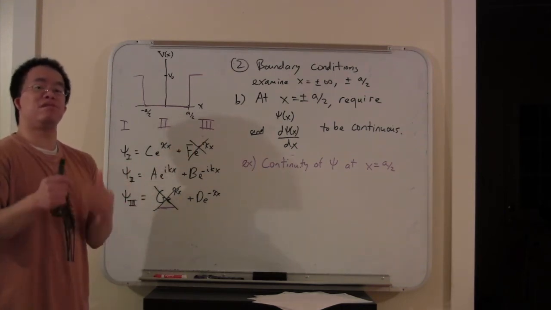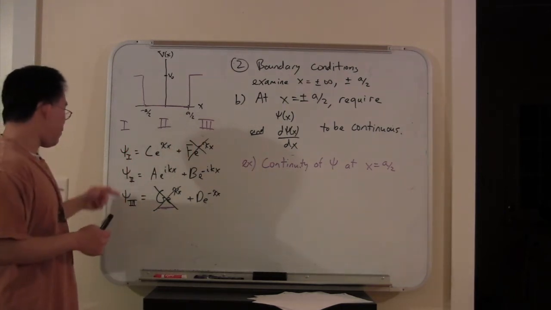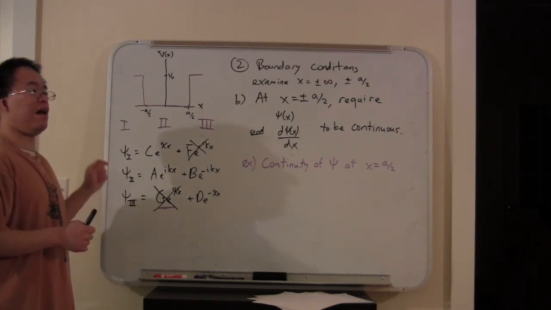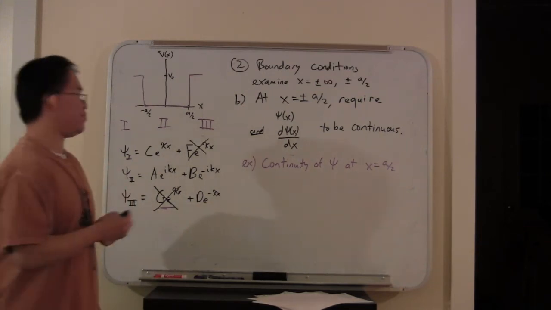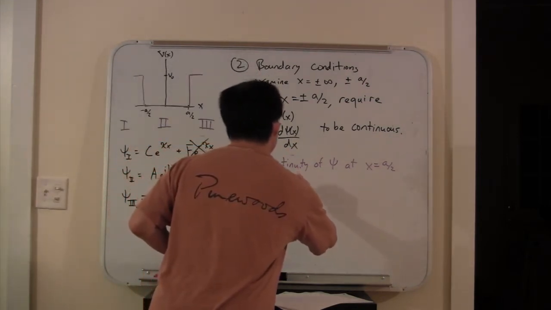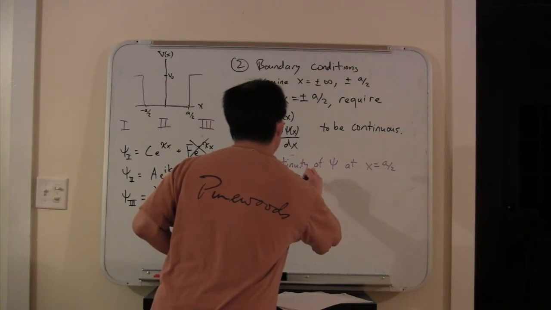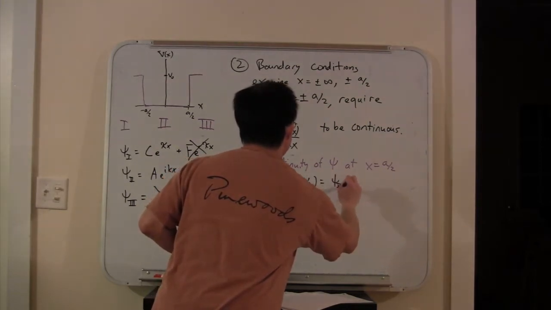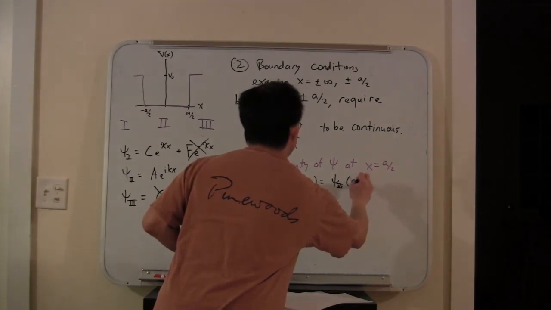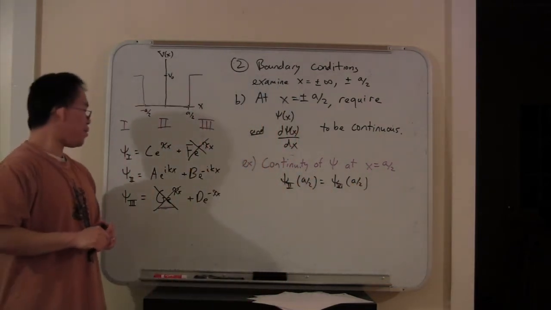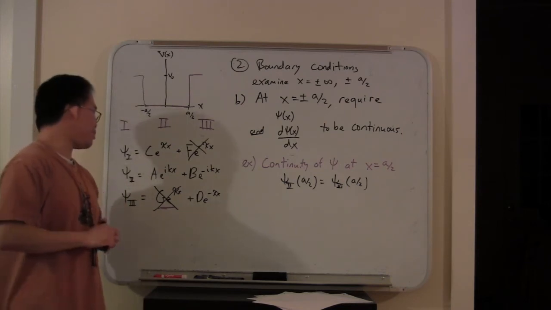What we need to do is stitch the forms of the wave functions we have in these two regions together at a over 2. So what we require is that psi 2 at a over 2 equals psi 3 at a over 2. And mathematically, this will take the following form.